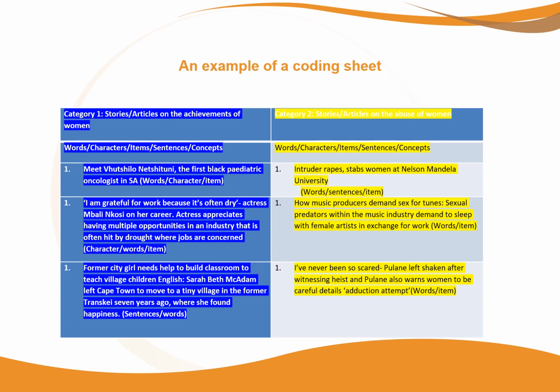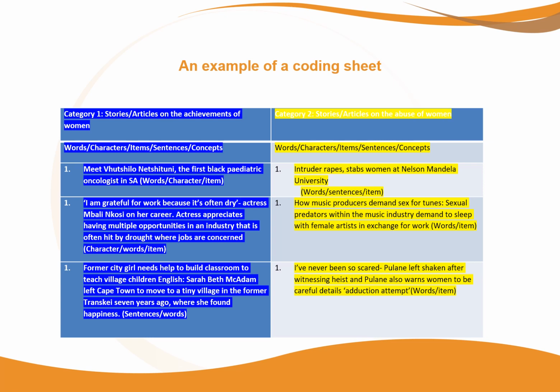So the units of analysis that this researcher chose based on their research problem were words, characters, items, and sentences. For number one in this category, she had words and characters as a unit, and then she placed that unit in this category as well, all right?